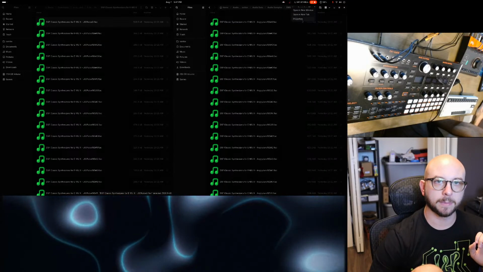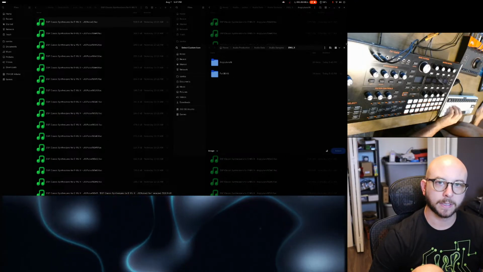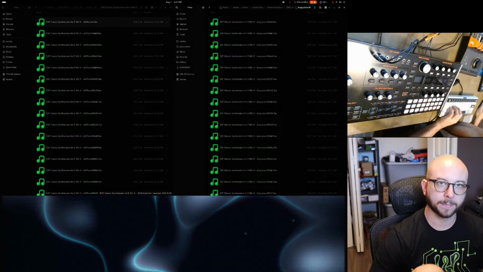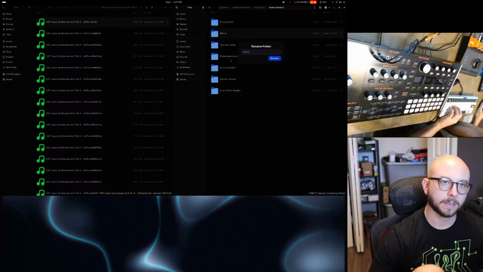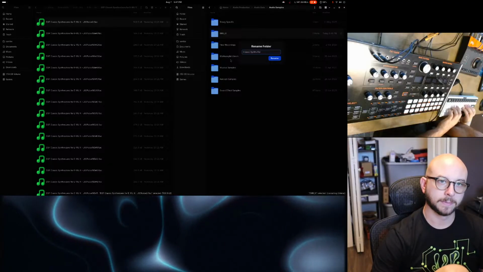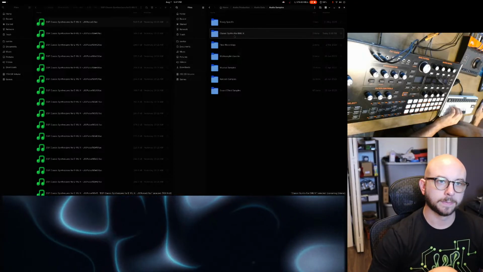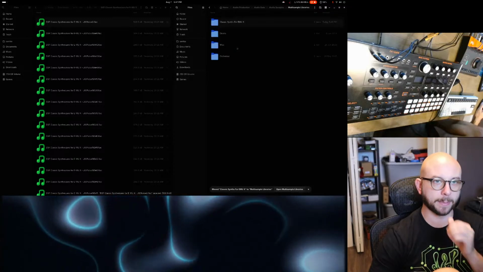Yeah, instead of the Emu X, I'm going to rename this. Oh, no. Can I rename it from here? No. Classic synths for Emu X. And I think that counts as a multi-sample library.